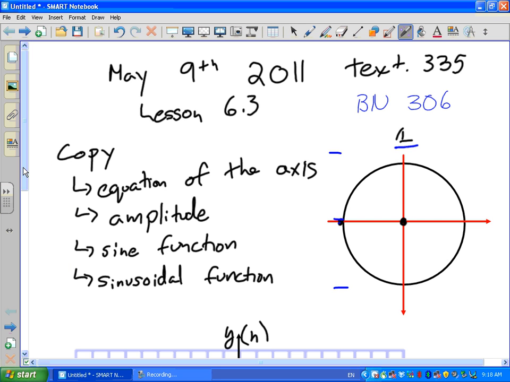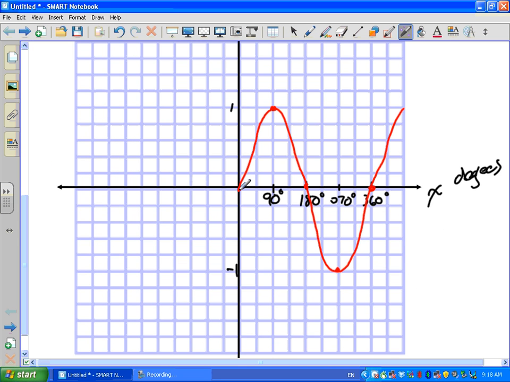So after I've gone 90, I end up coming back down. My height is 0 again. I'm at the same spot I started at when I move 180 degrees. Same idea as when I'm drawing a circle. Once I've gone 180 degrees, I'm back in line with where I've started.